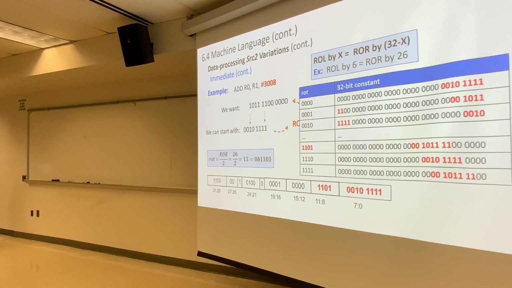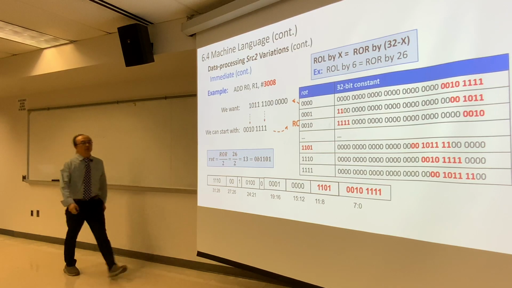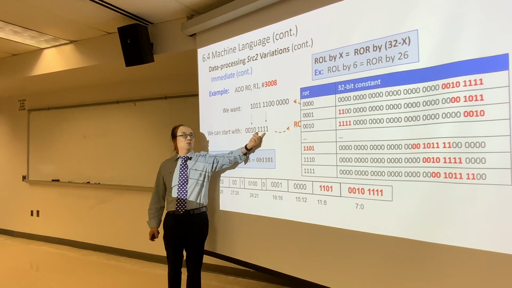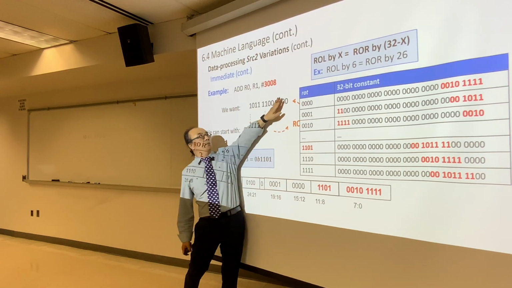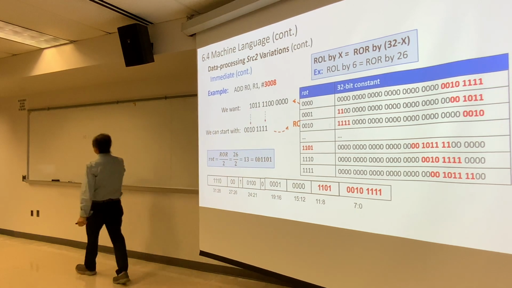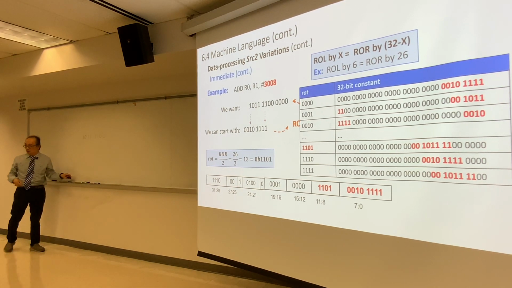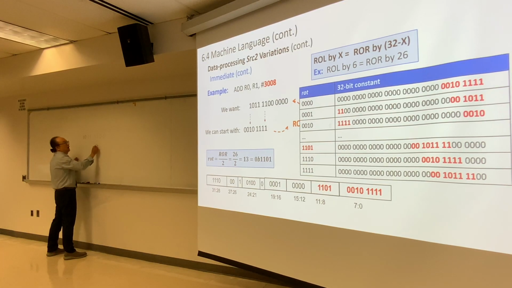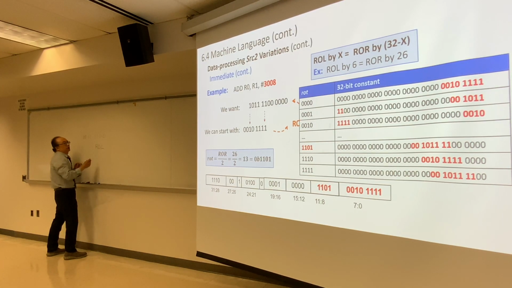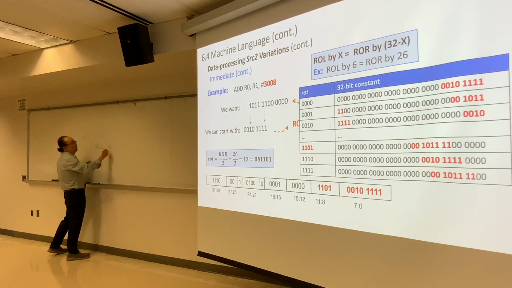The question here is we start with 00101111, but what about starting with 10111100? Can we do that? Yeah. What are we going to do? In this case, rotation left by 4.